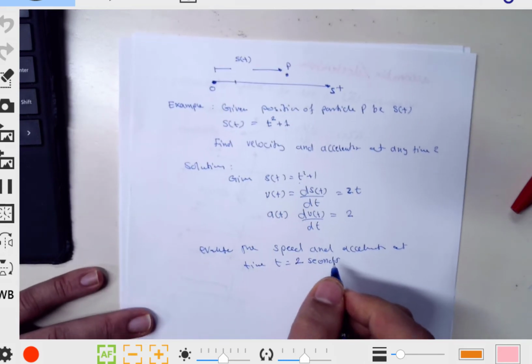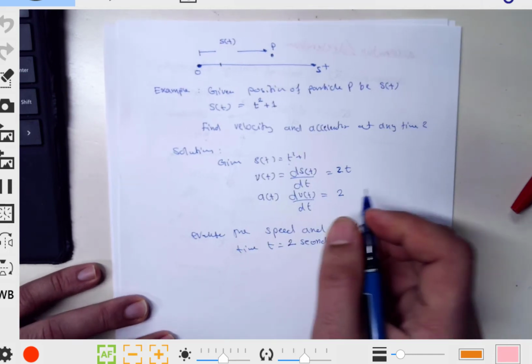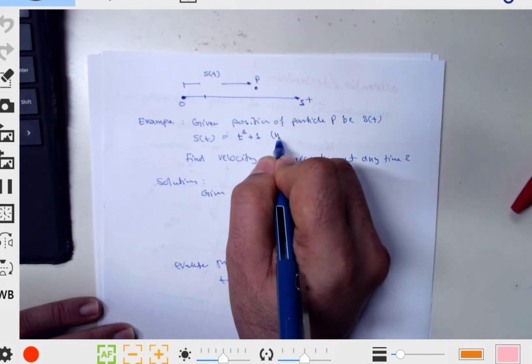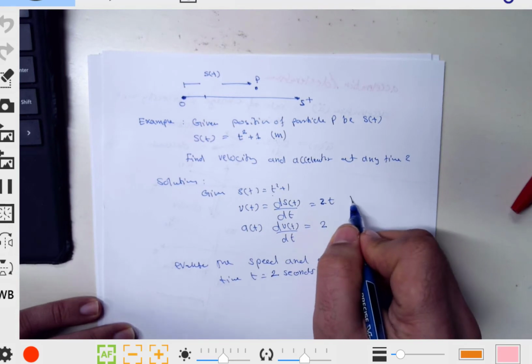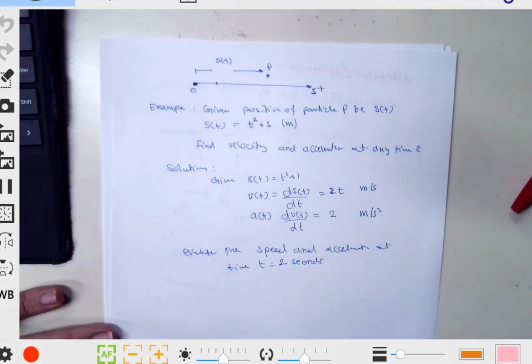Now we will be using SI units mostly, and the SI units that concern us are meter and second. For the velocity I failed to mention that it's meter per second, and for the acceleration it's meter per second squared. So to complete that, I'm going to assume this is in meters, this is meters per second, and this is meters per second squared.